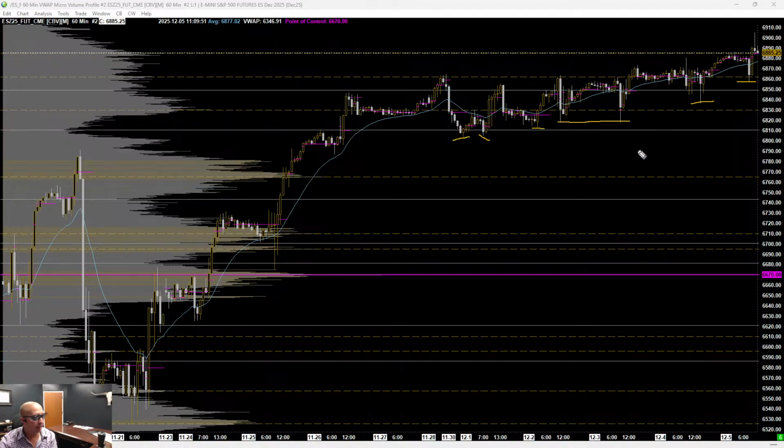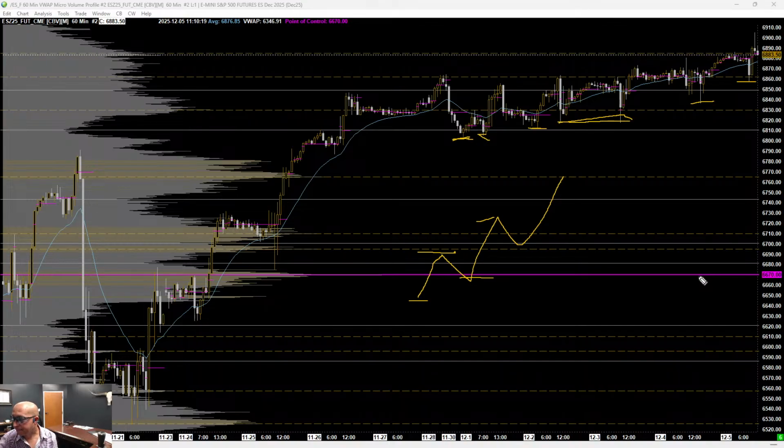You're literally making higher lows. It's a grinder, but you're making higher lows. And what's the definition of a trend? Higher highs and higher lows. So there's nothing yet to say that we need to flip short, and it still says to be a long participant.